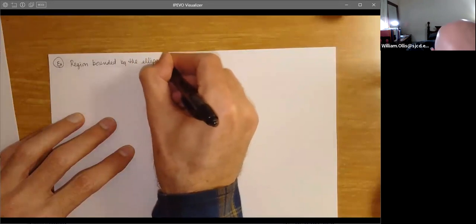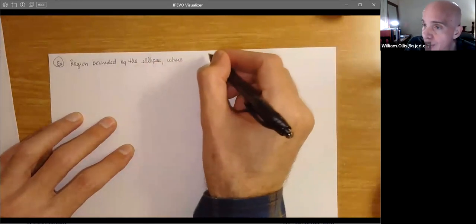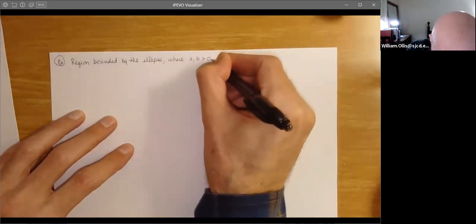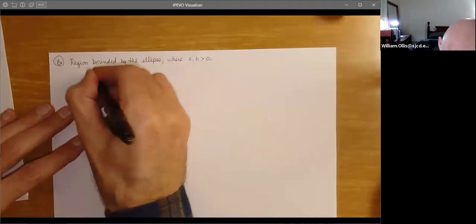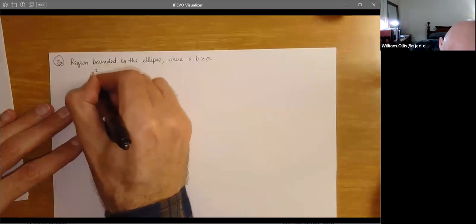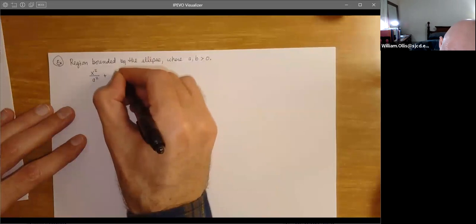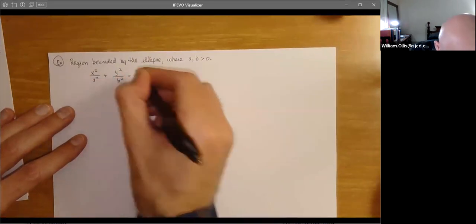This is the way the problem is stated, where the x and y intercepts, of course, are positive. a and b are positive, the convention you use for the standard ellipse. The derivation is long, but the equation you get is easy. So x squared over a squared plus y squared over b squared equals 1.